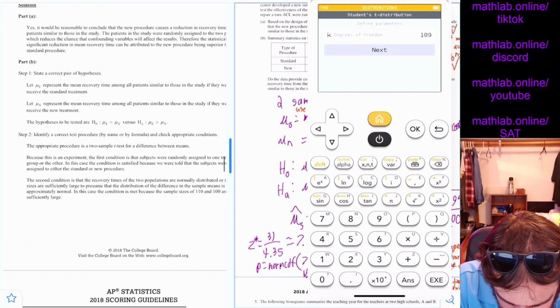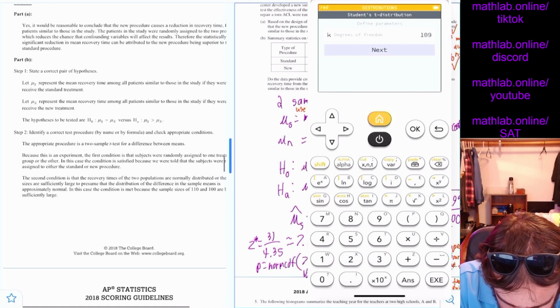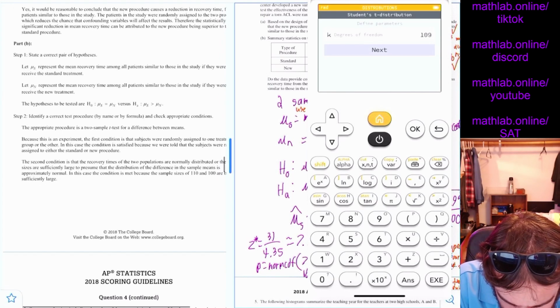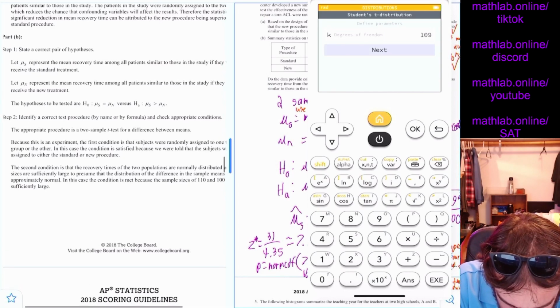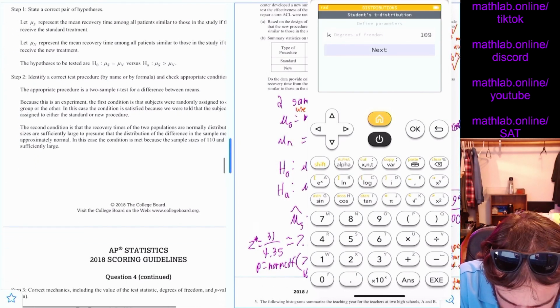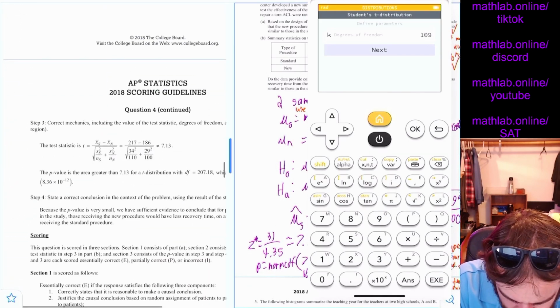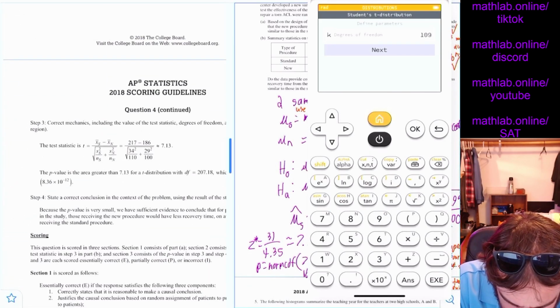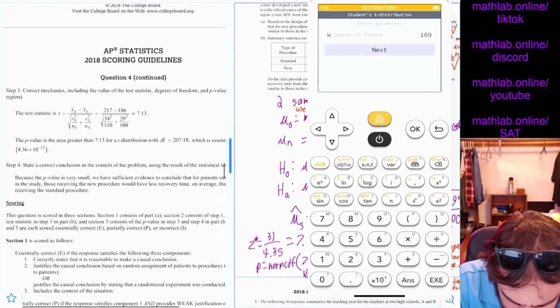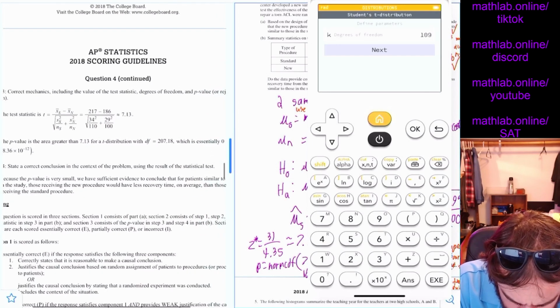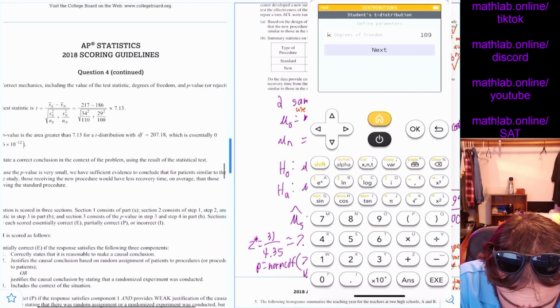Step 1, identify procedure. Purpose is 2-sample t-test. So I did all this. I did the conditions up here, so I just didn't do that again. Test statistic is 7.13. The p-value is the area greater than that.